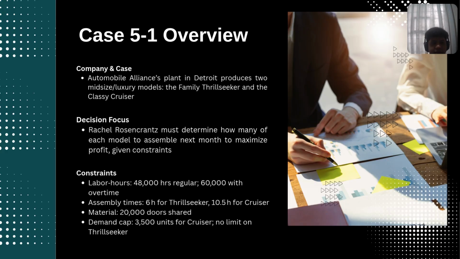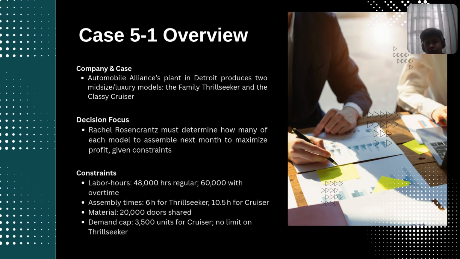This case focuses on the Automobile Alliance plant in Detroit, which manufactures two mid-sized cars, the Family Thrill Seeker and the Classic Cruiser. The problem centers on how to allocate production between these two models to maximize profit given several operational constraints.